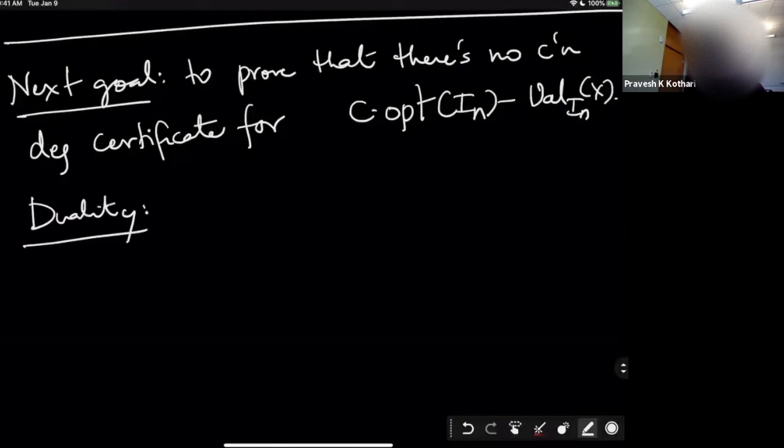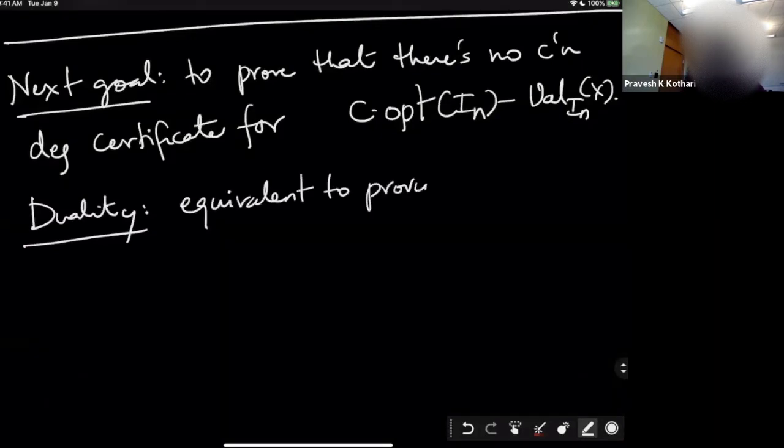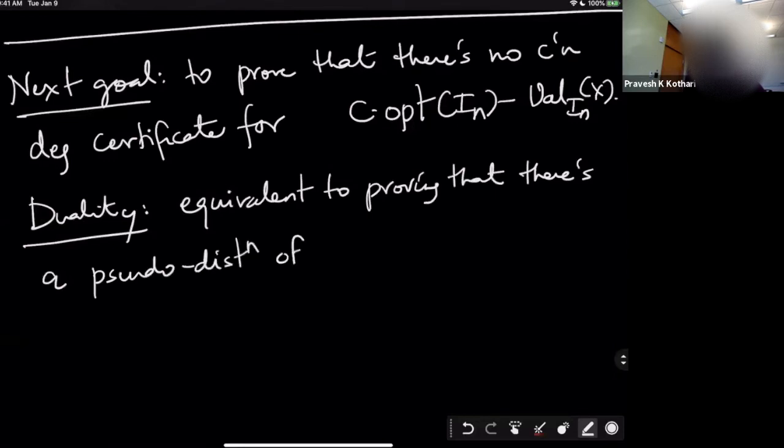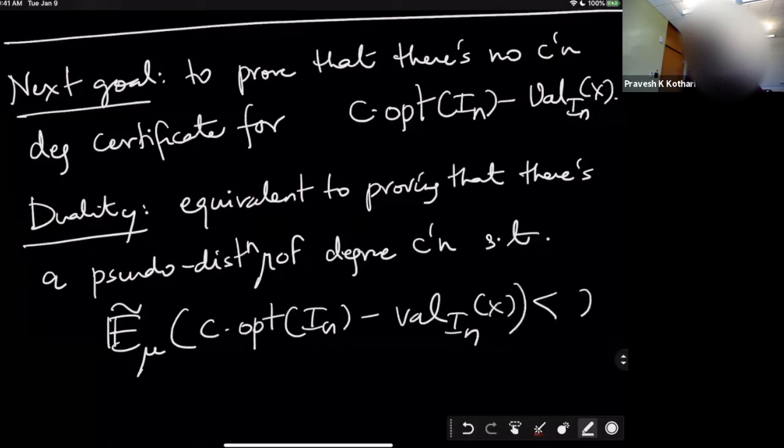So duality implies that proving this is equivalent to proving that there is a pseudo distribution mu of degree C prime n such that the pseudo expectation under mu of this function is negative. Do you all remember this?